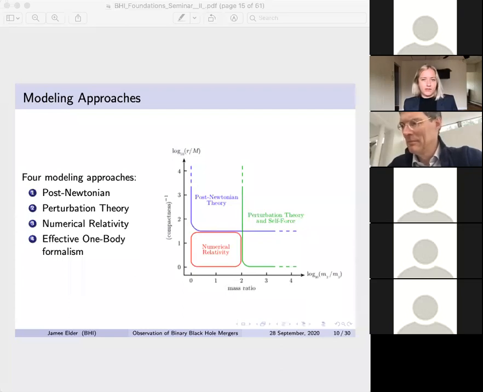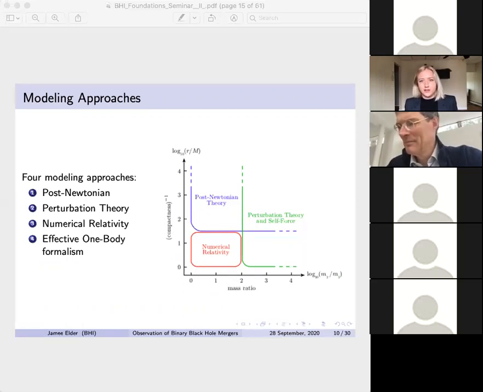Now, one of particular importance is numerical relativity. What I'm talking about here is models generated using highly sophisticated simulations on supercomputers that can take of the order of months. And these are solving the exact Einstein equations numerically.